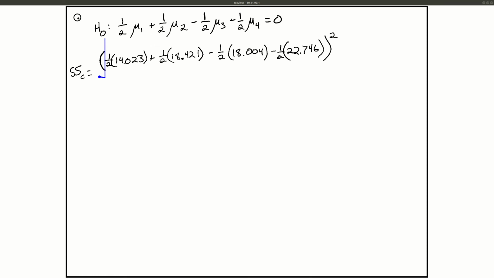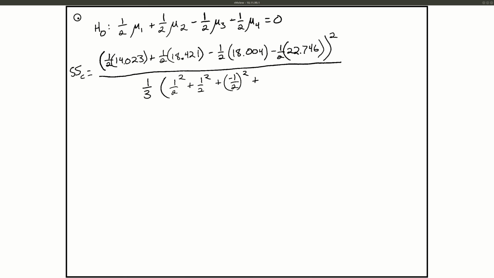And then we divide this by 1 over 3, that's our sample size 3, times our contrast coefficients squared and added up. So that would be 1/2 squared plus 1/2 squared plus negative 1/2 squared plus negative 1/2 squared and plus 0 squared.